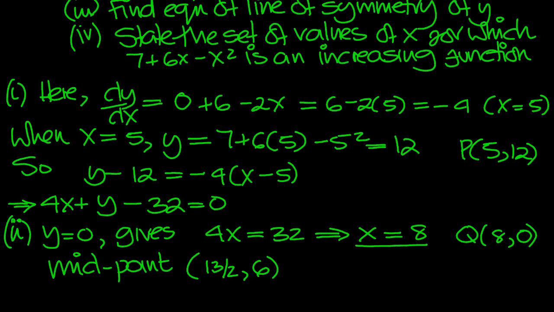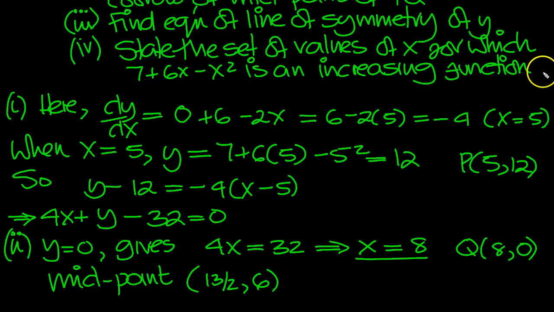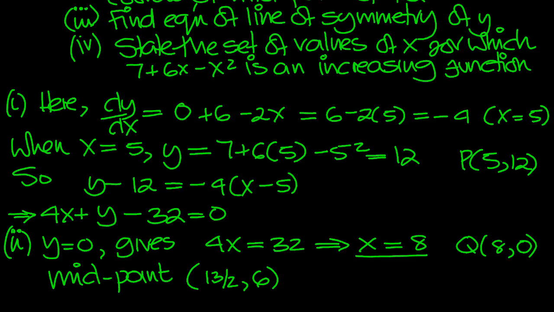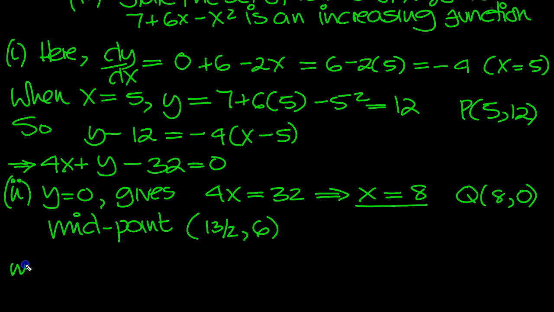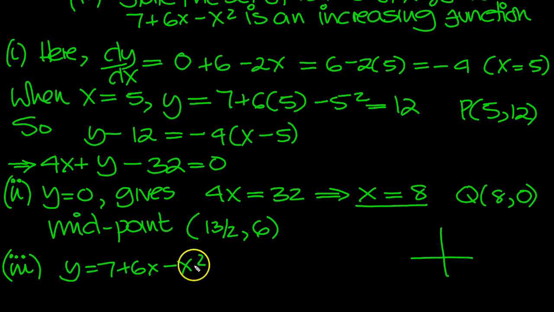So find the equation of the line of symmetry of y. So here's our quadratic then. Y equals 7 plus 6x minus x squared. If you were going to draw that, a little sketch, it's going to be a U-shaped curve, isn't it, like so.